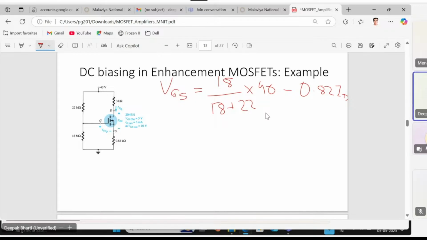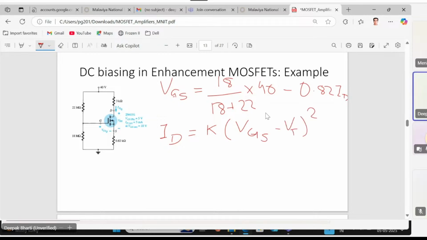Now, since we know that the current equations are different in the depletion and the enhancement mode, the Shockley equation is no longer useful. So we have to use K times VGS minus VT whole square.